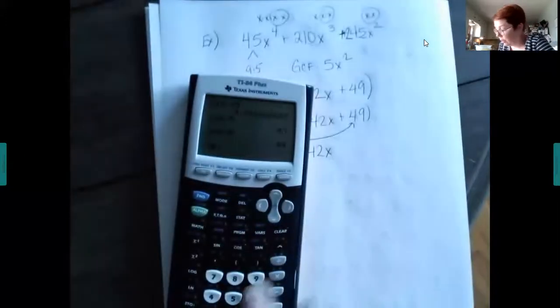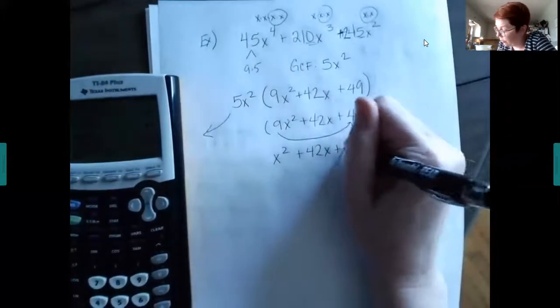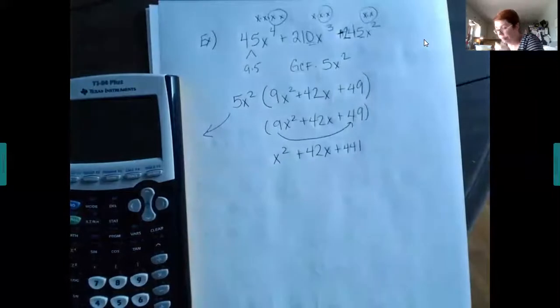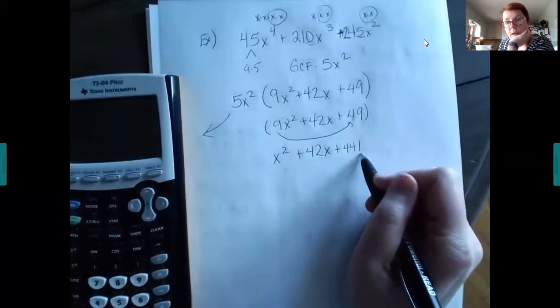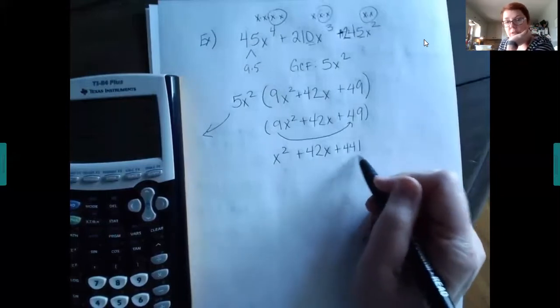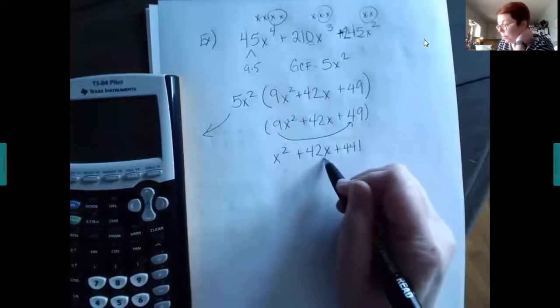This may be where the AC method might be easier, but I actually learned 441. Okay, so 441 is a big number, right? Let's see what happens, what factors are for 441 that will add or subtract to get 42.